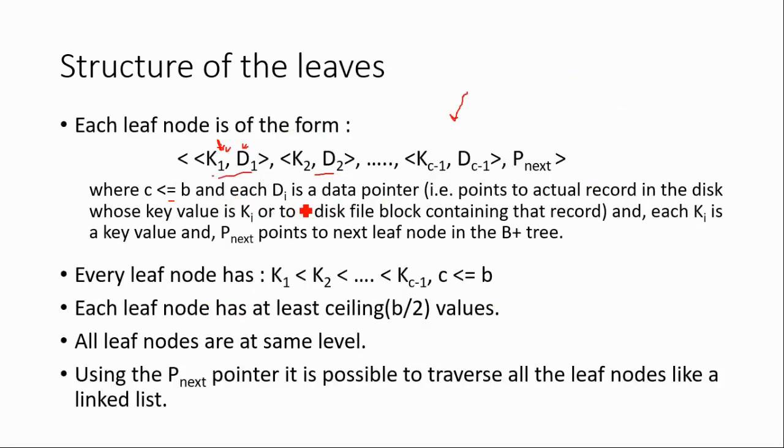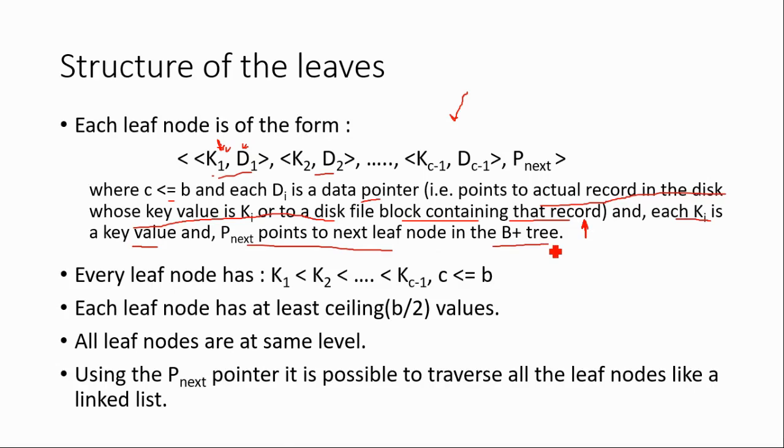Each Di is a data pointer that points to the actual record whose key value is Ki, or to a disk file containing that record, and each Ki record in database terminology is referred to as an entry, and each Ki is a key value and P next points to the next leaf node in the B plus tree.